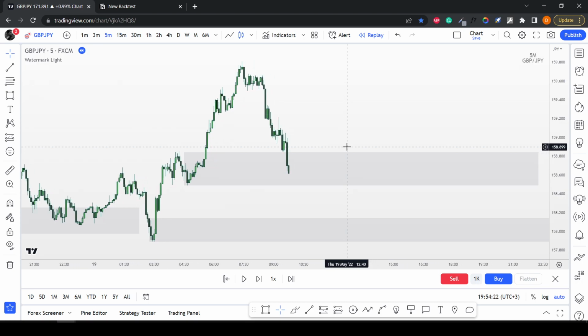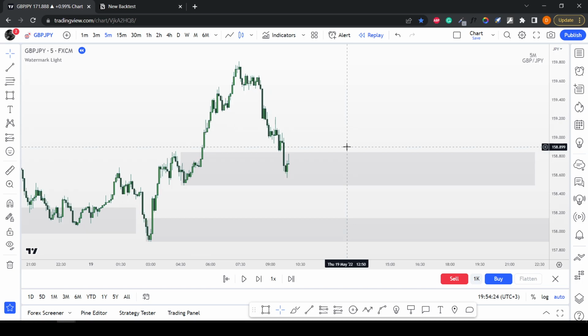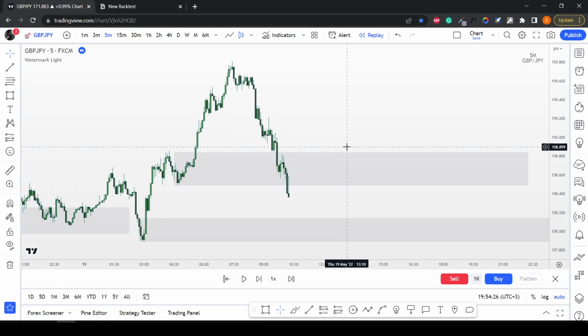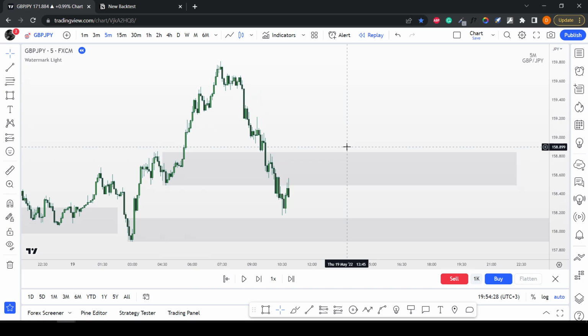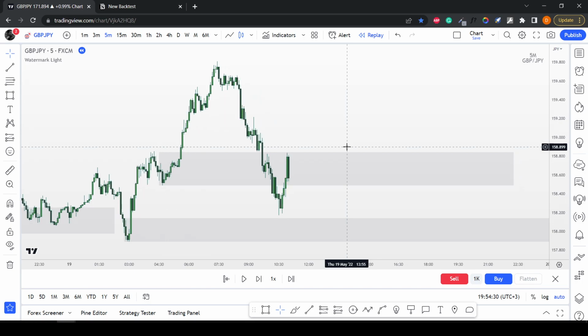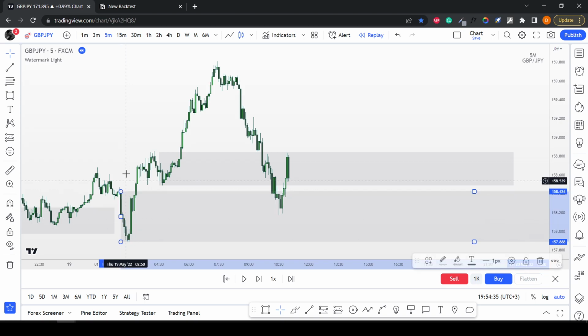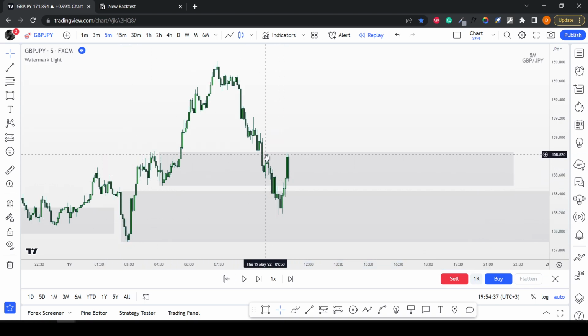So we have a tap, still looking pretty aggressive, waiting for, so we are breaking this one, breaking to the upside, mitigating something here, so this bigger zone, and right now it's internal shift.